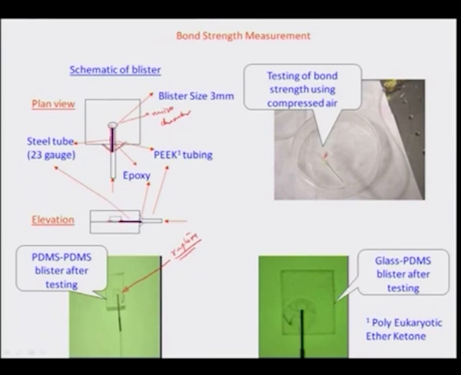How much the PDMS to PDMS bond strength is depends on the pressure at which these layers separate from each other. So, you have these different cases where, after the bonds start to separate, there is a rupture, and you can have a critical value of pressure at which the bond starts to separate.